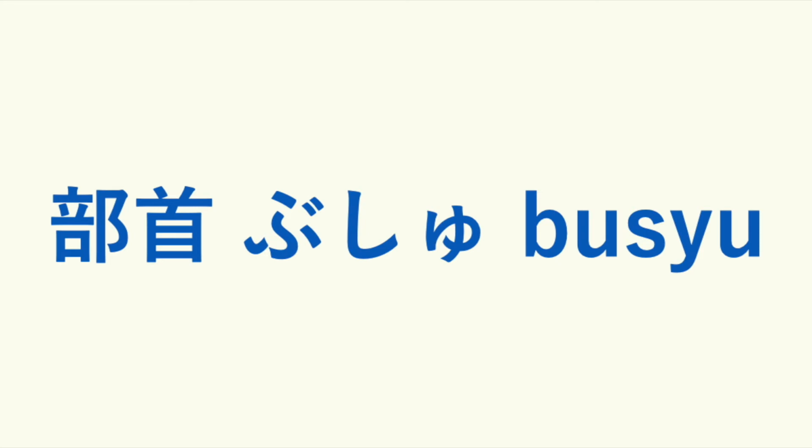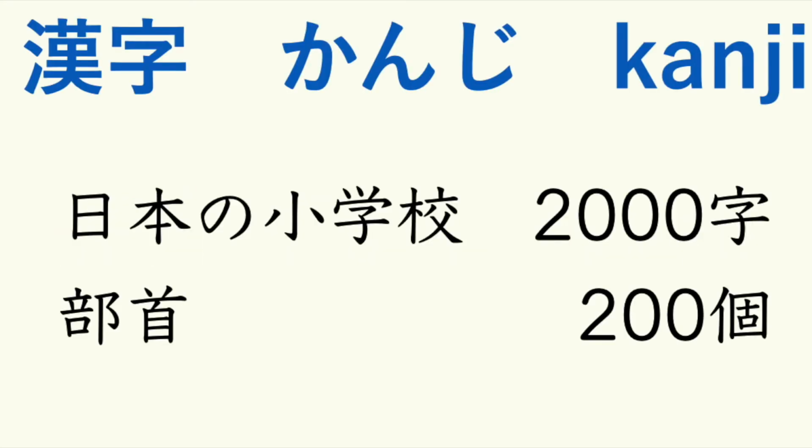Today I'm gonna tell you those 7 different parts and an example for each. It is said that even though in elementary school you need to know 2,000 kanji characters for daily usage, there are only about 200 busyu that you need to remember, and after remembering that, it's just a combination.